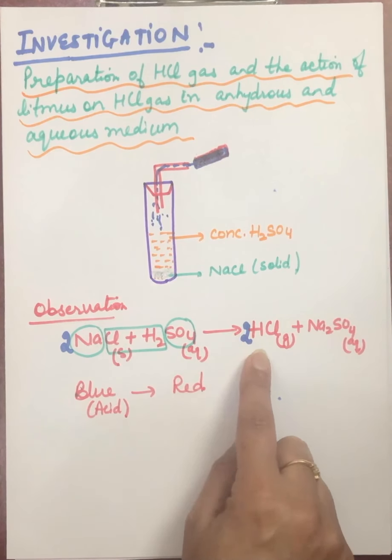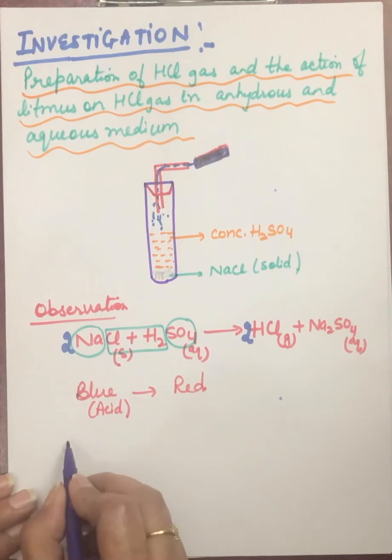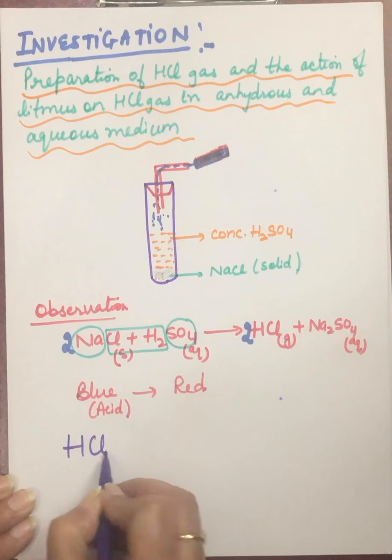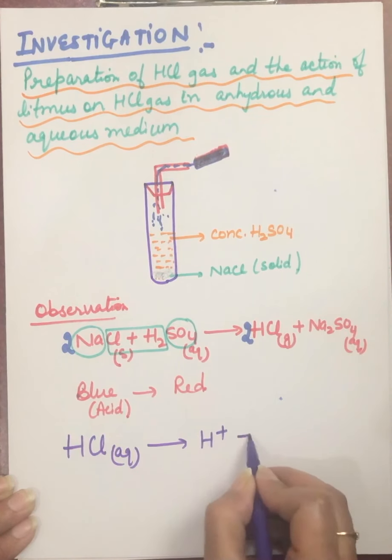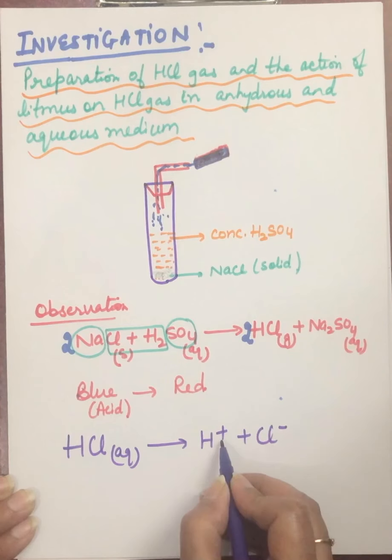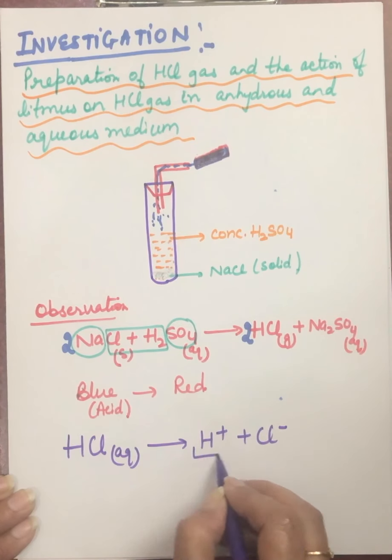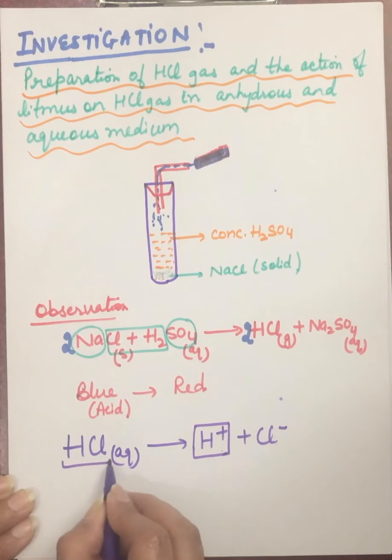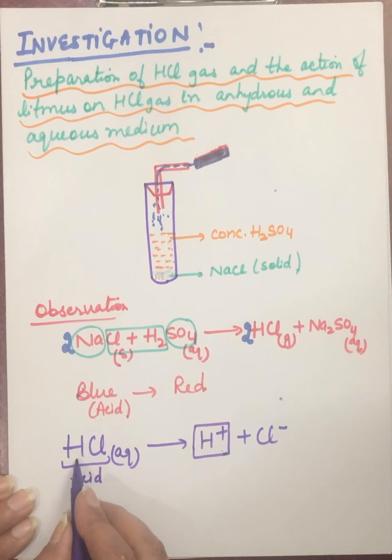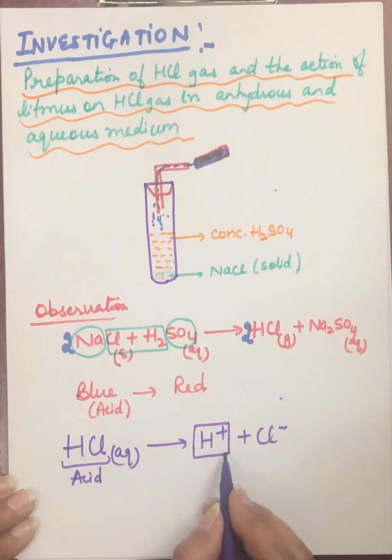Only in the presence of water, what will happen to this HCl? HCl in water will dissociate to give which ions? H plus ions. So only when a substance gives H plus ions is it acidic in nature. So this is acidic in nature, but it can give its H plus ions only in aqueous medium.